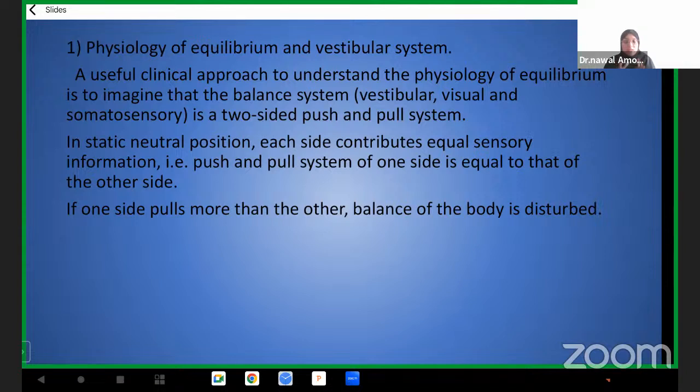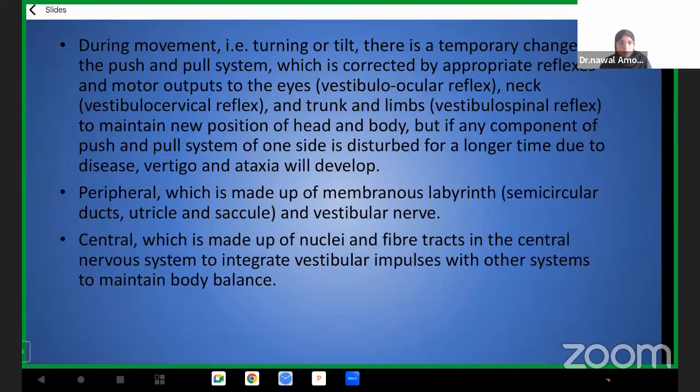Okay. So in the static state, we have a neutral position. Each side, pushing and pulling, is equal. The push and pull system of one side is equal to that of the other. Your right hand, let's say, is pushing equally with the force of the left hand. But if one side pulls more than the other, then you have a problem of equilibrium.